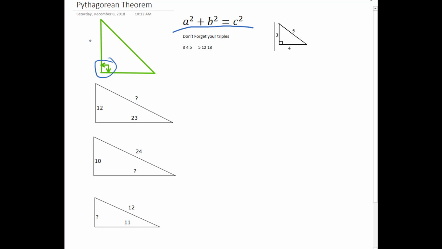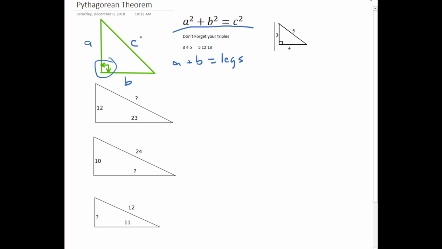But part of a right triangle is the A, B, and C. Now, A and B, those are known as the legs. Usually the shortest leg is A and the next longest is B, but in your equations, it doesn't matter. You can still get it right either way.